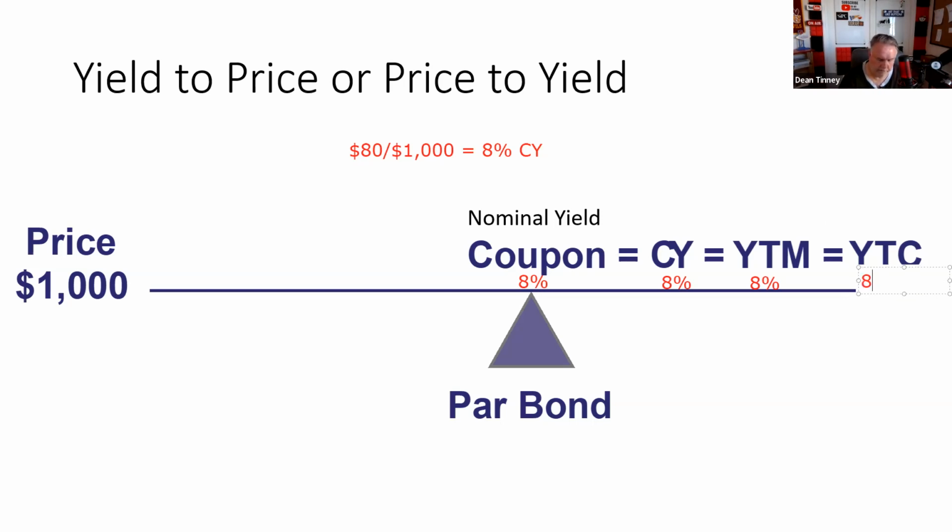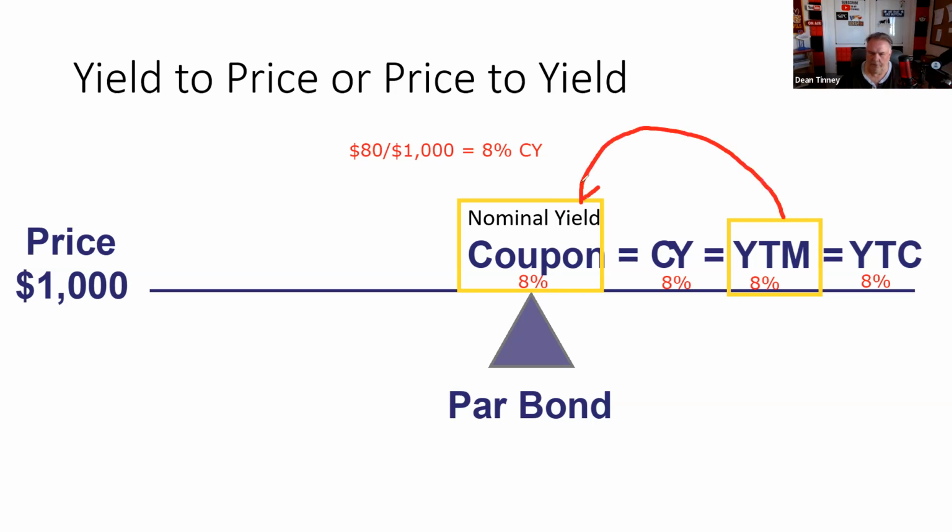So here's the game they're going to make you play on the test, and we'll play it first with a bond at par. This game is called interpolation. So I tell you on the test that you're considering purchasing a bond that has a yield to maturity the same as the coupon. Are you considering paying par $1,000?